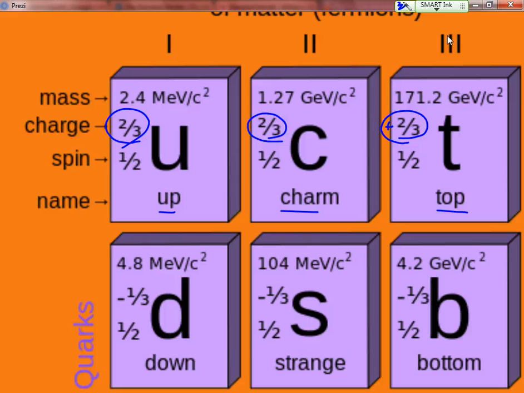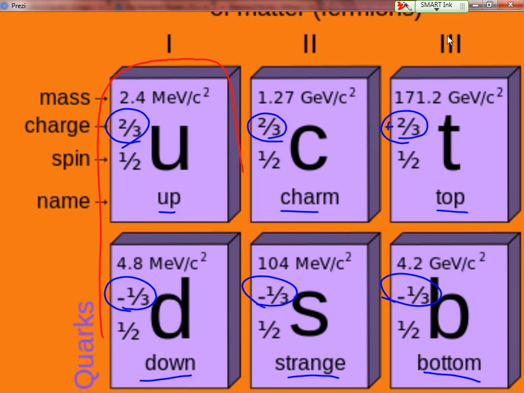The bottom row, down, strange, and bottom, each carry a charge of negative 1/3. These quarks are grouped in terms of families. Up and down are the most common type, and they're what are found in protons and neutrons.